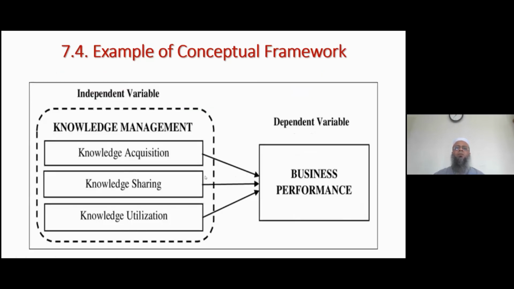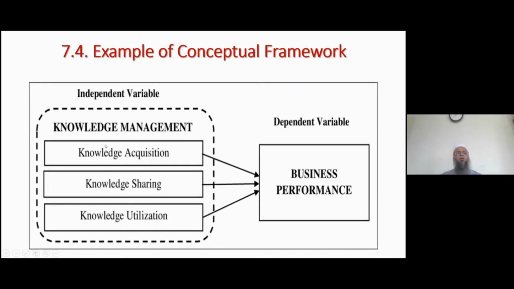See, another example of a conceptual framework. What is the independent variable? Knowledge management has a significant impact on business performance. Suppose the study title might be: what is the effect of knowledge management on business performance in the context of some industry, you can give any industry name.